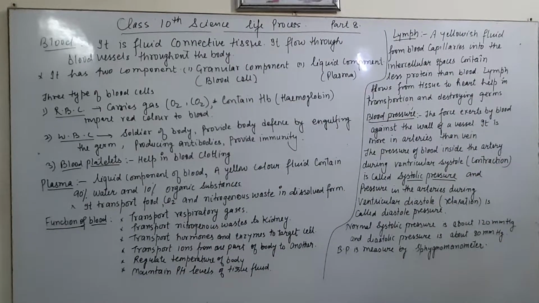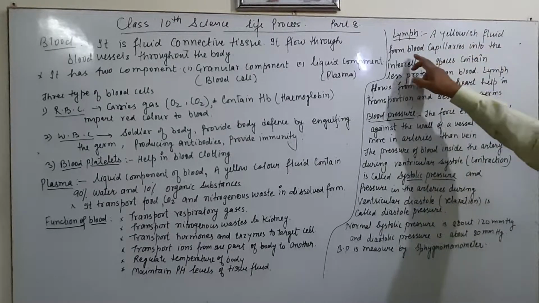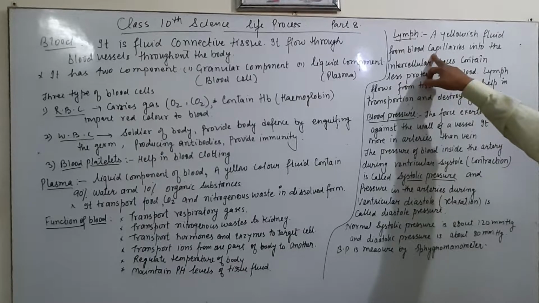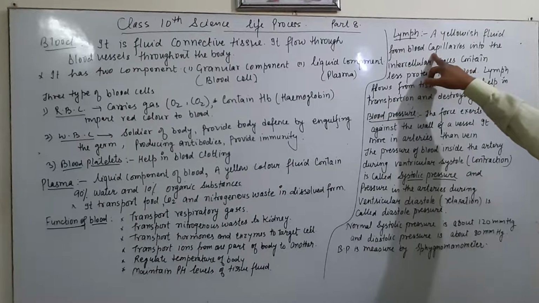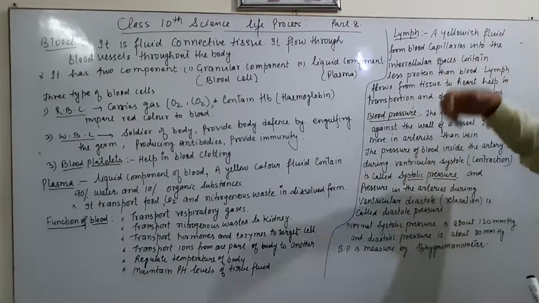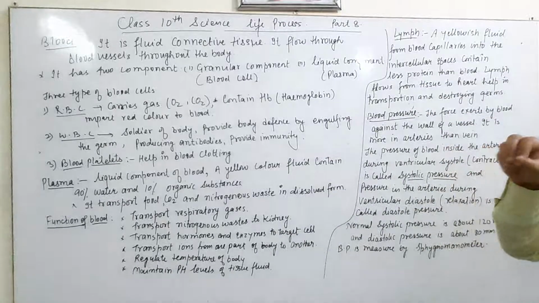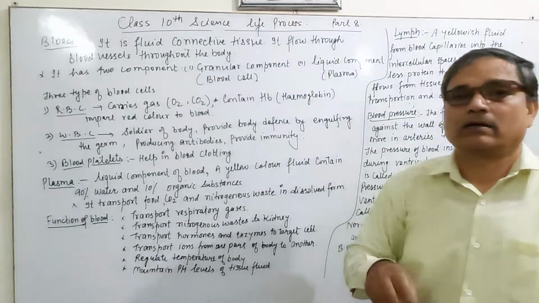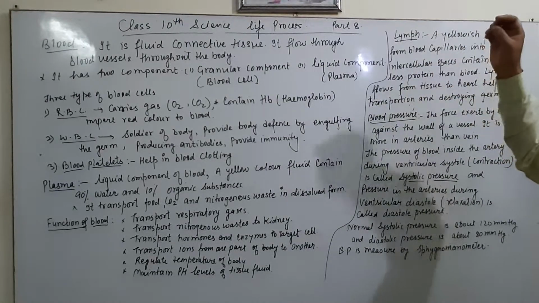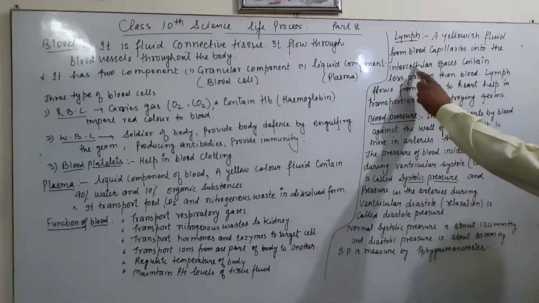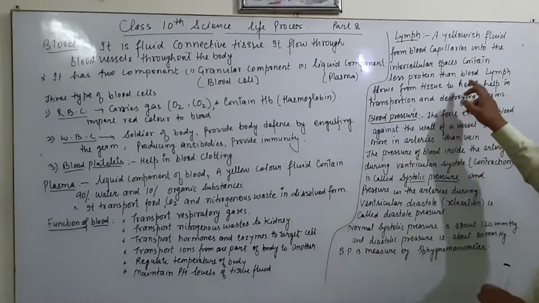Lymph is the other part of body fluid besides blood. This is the yellowish fluid from the blood capillaries. The fluid escapes from the blood capillaries and enters the intercellular space, the space present between the cells. Lymph contains a lesser amount of protein than the blood.